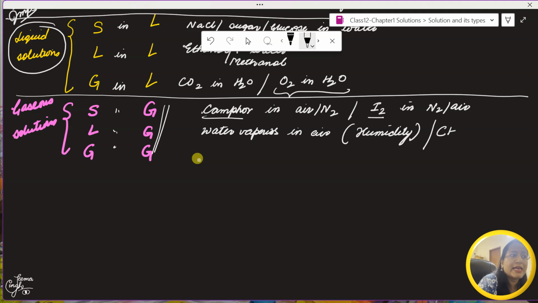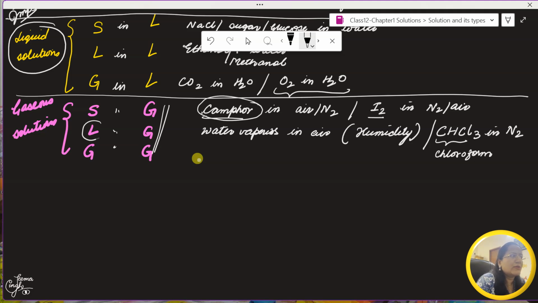Chloroform, CHCl3. You will have numericals in which chloroform is used as a solute. CHCl3, chloroform. It was also used as a local anesthetic to put people to sleep or make them unconscious, right? Chloroform in nitrogen. So here we thought of a sublimable solid.